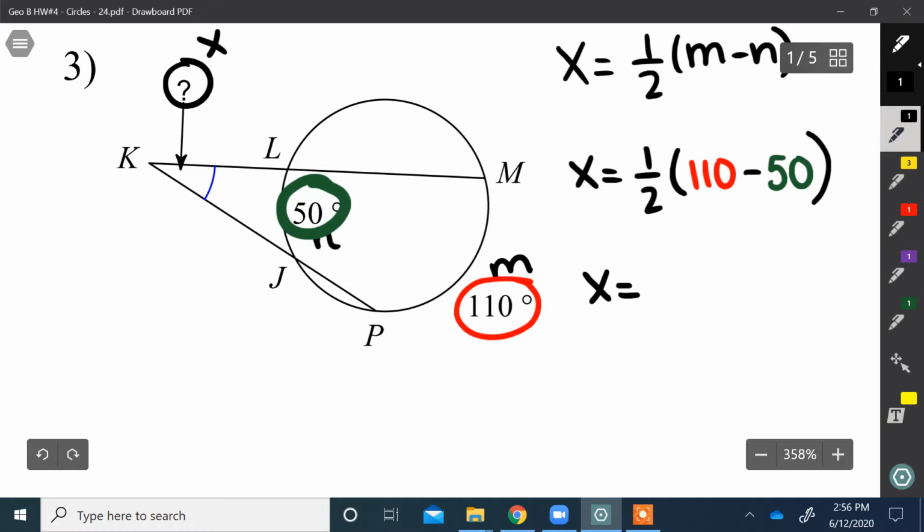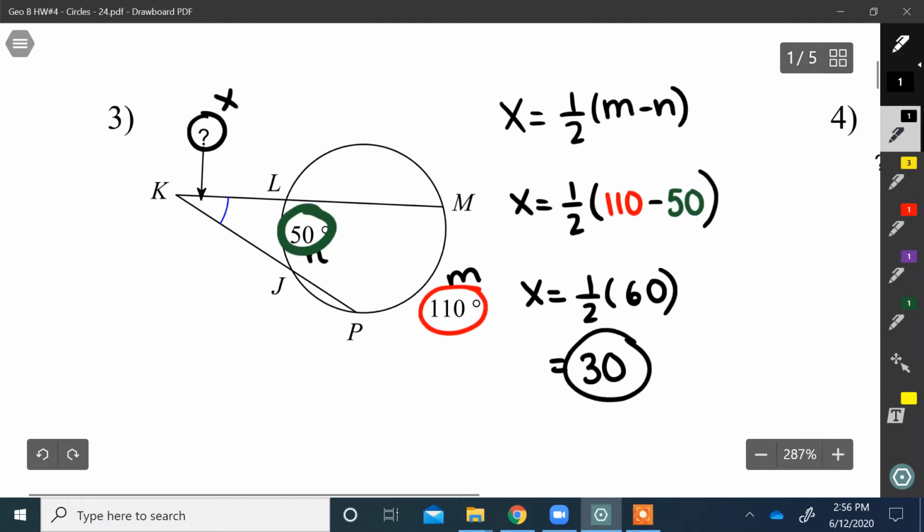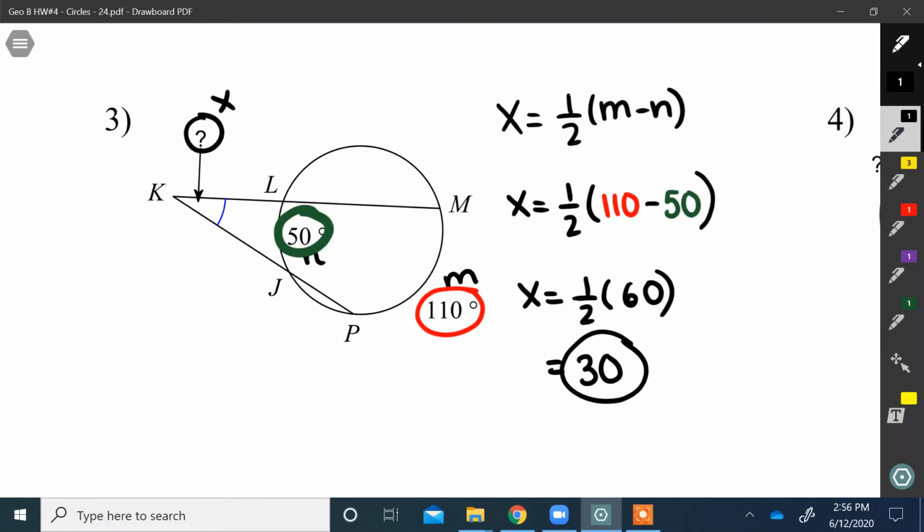So 110 minus 50 is 60. And half of that will be 30. And I'm checking here on my other computer that that is the correct answer. So once again, guys, all we're doing in here is recognizing what we have and applying the formula that we need.